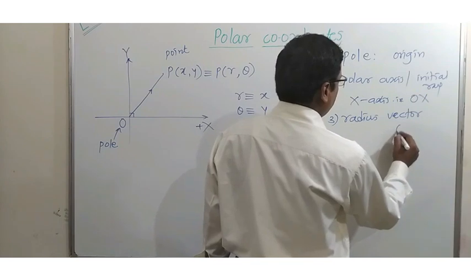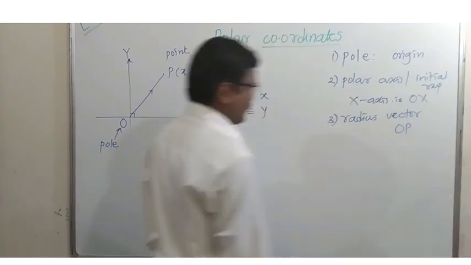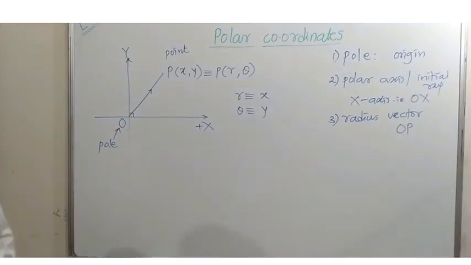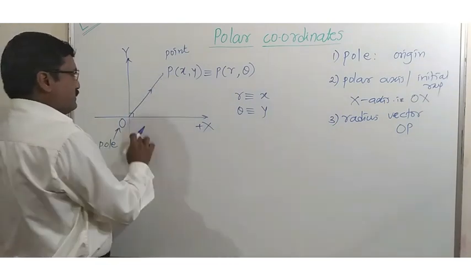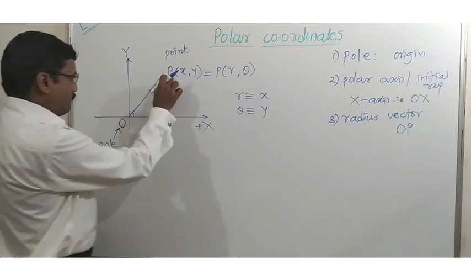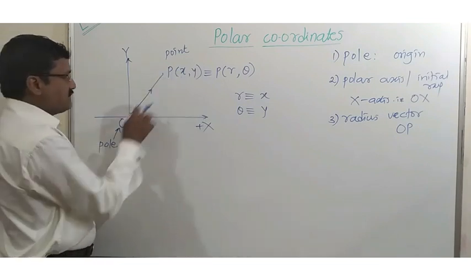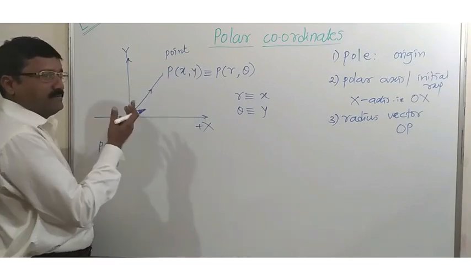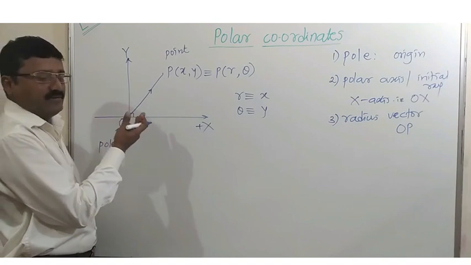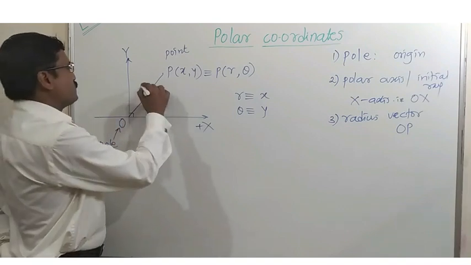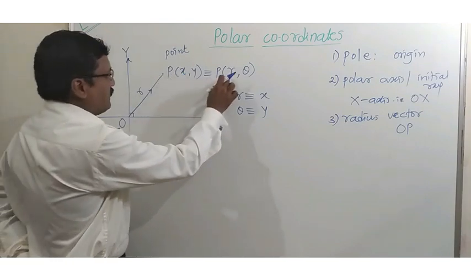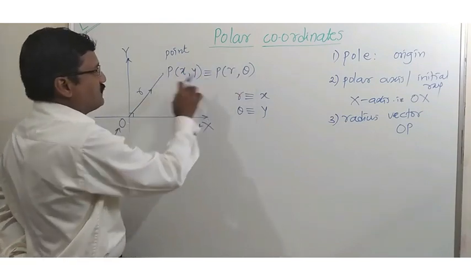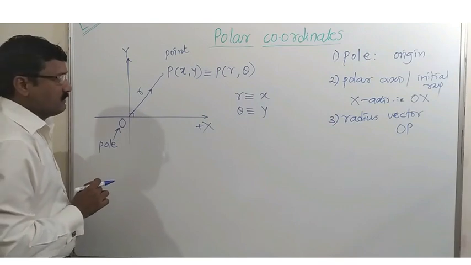Obviously the magnitude of this vector is nothing but the distance of point P from the origin, and as it is a distance, it is always positive. So this r is the distance, and it is called the first coordinate of this polar coordinate ordered pair.